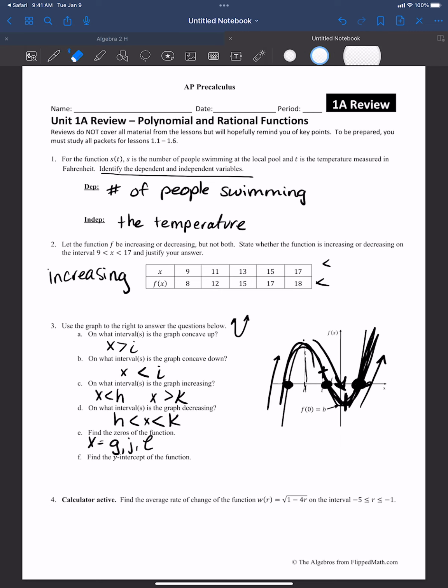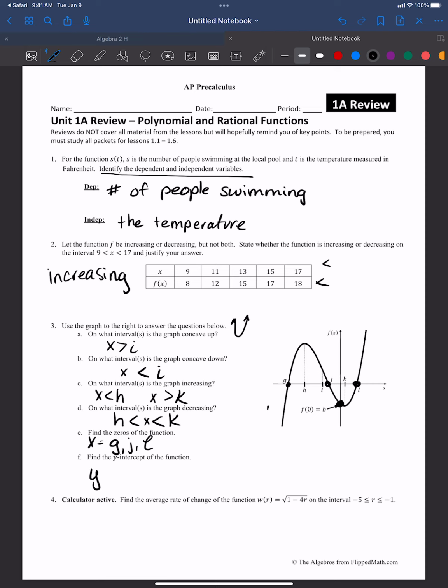Let me go ahead and erase some of this. Okay, so here it was g, j, and l. Those are my zeros. And then my y-intercept is when x equals 0. So when y equals b, that is my y-intercept.